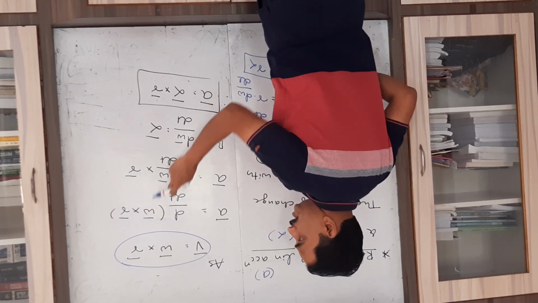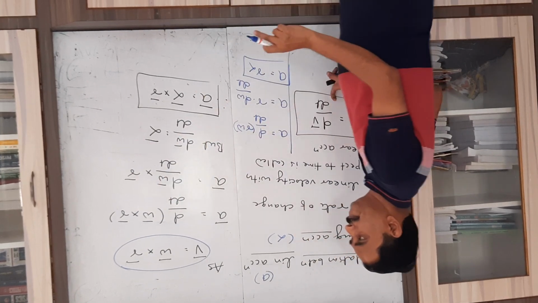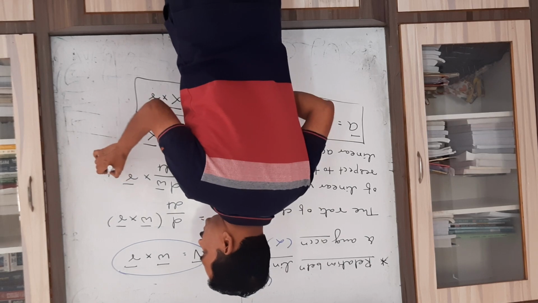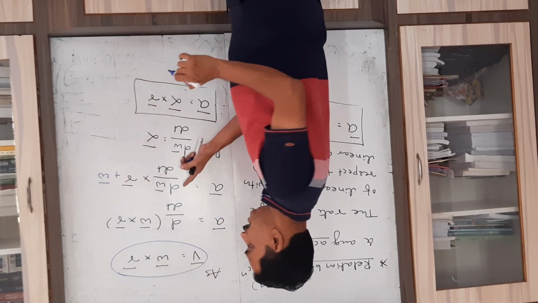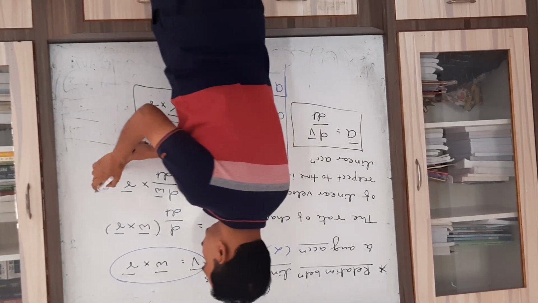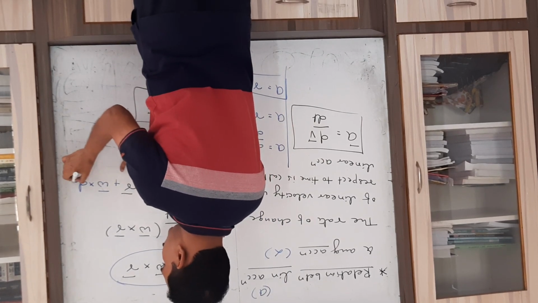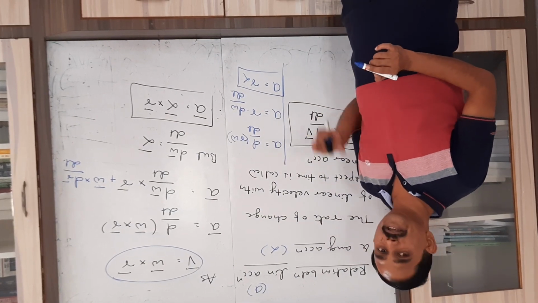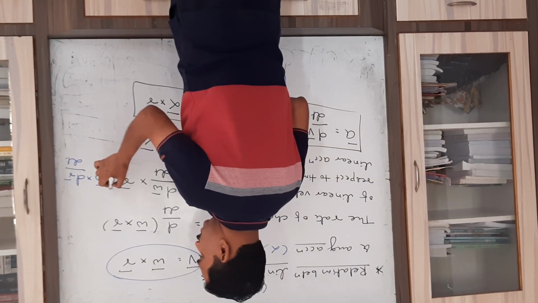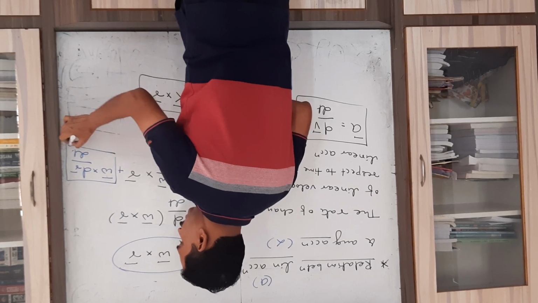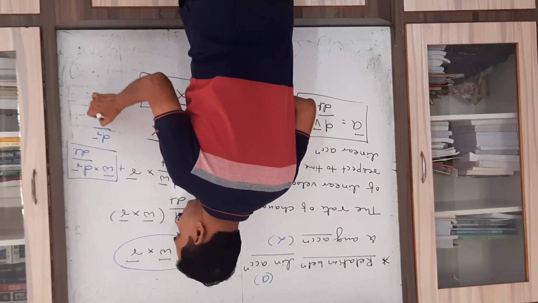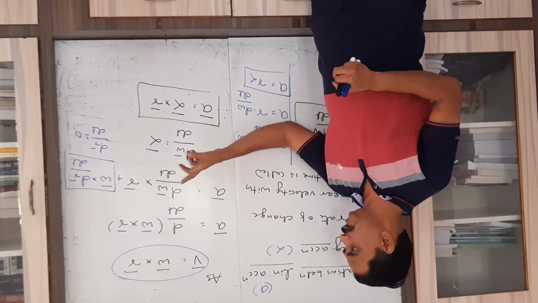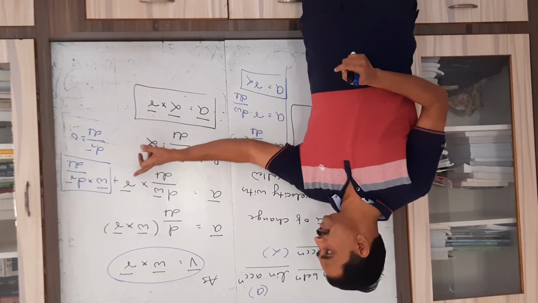Differentiating, the first term is d omega by dt cross r, plus omega cross dr by dt. As the radius vector remains constant in magnitude, dr by dt can be taken as 0. So I simply write a equal to d omega by dt cross r.